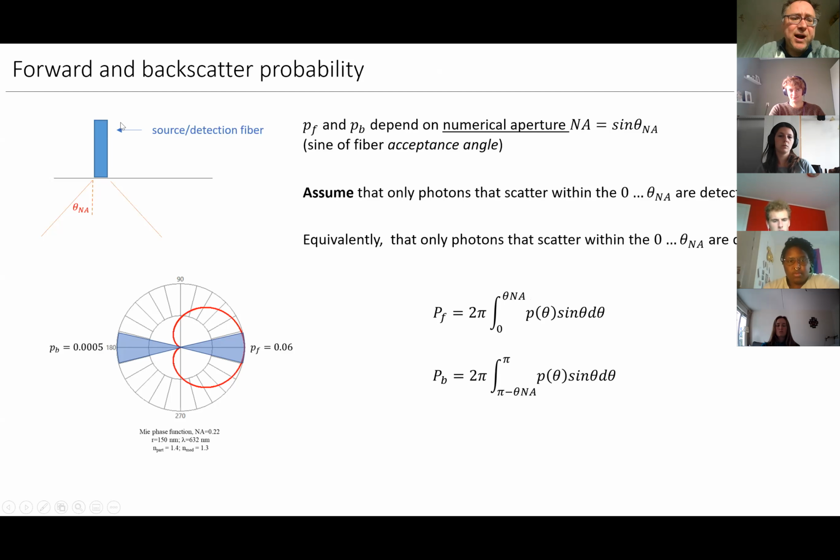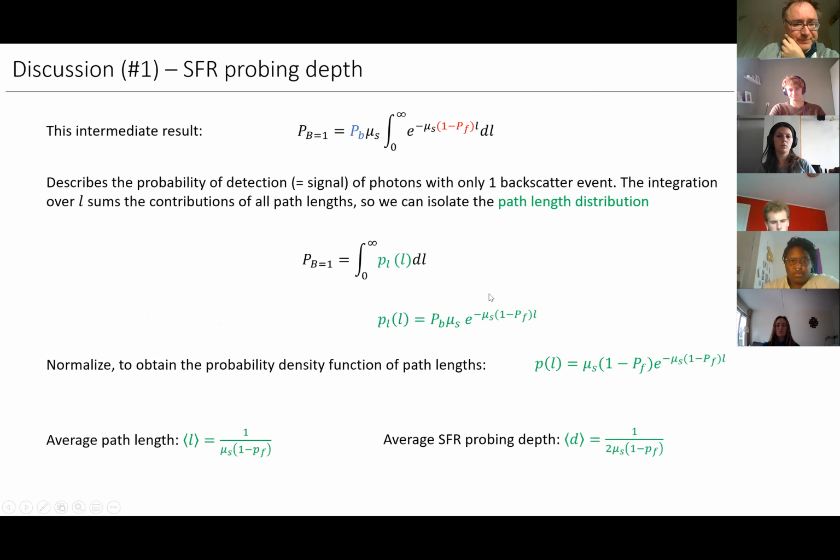That would give you some kind of physical connection of these forward scatter and backscatter probabilities in terms of the actual phase function that you would have. Well, we can look a little bit closer then. So we had this intermediate result at some point. So the integral is still there.